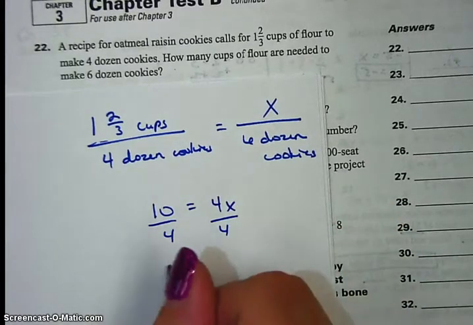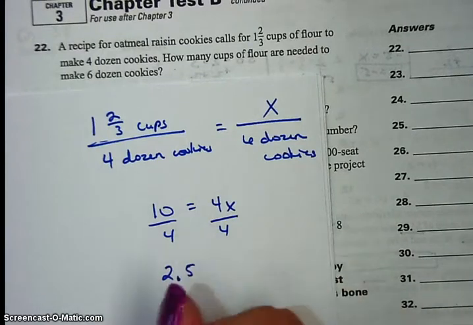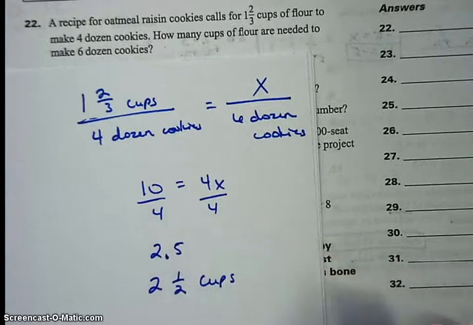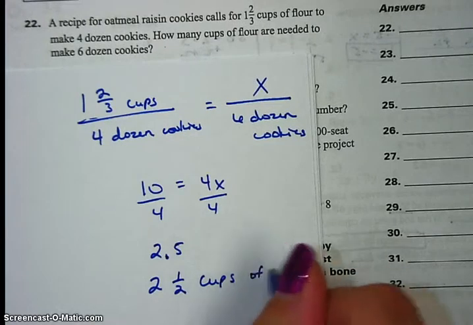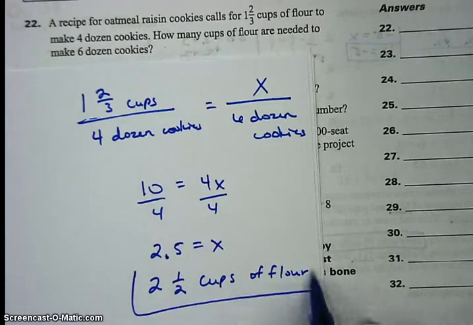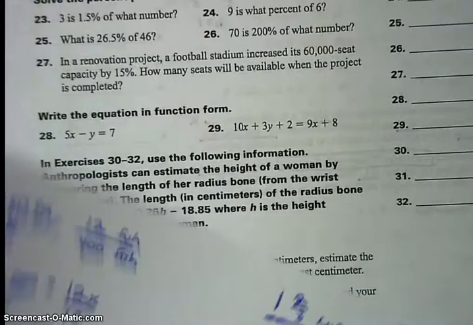So that gives us 2 1/2 cups, so either 2.5, or we could say 2 1/2 cups of flour is what we need. That's what x equals. So 2 1/2 cups of flour would work. All right, moving right along.